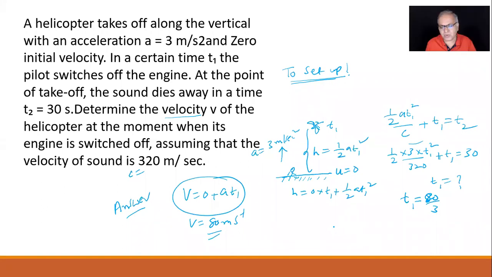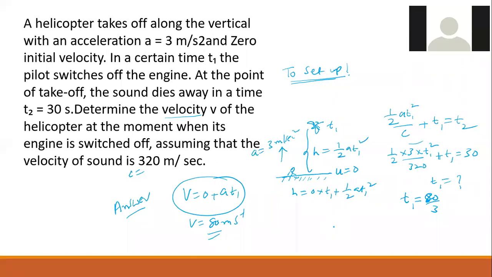The helicopter has overcome the gravity and is producing an acceleration of 3 meters per second square upwards. Net acceleration, that is. Do you follow? Actually, you should ask, sir, how can we go with 3 meters per second square? Is it not 10 down like that? You should get it out, not me. Then?